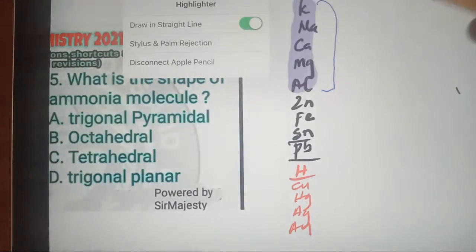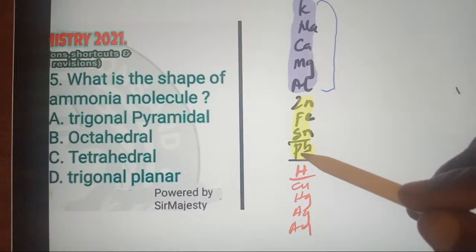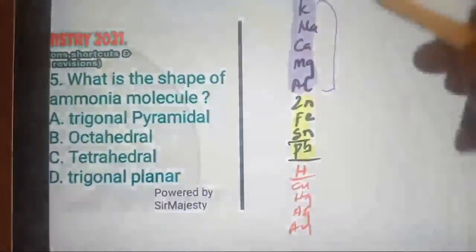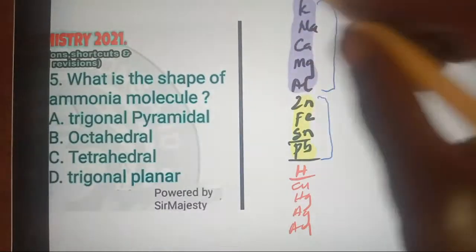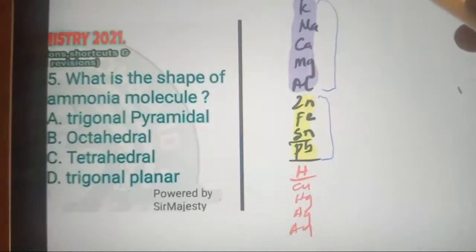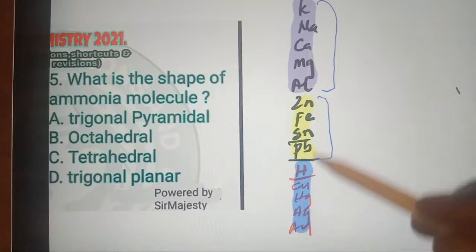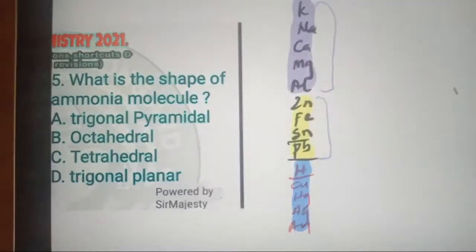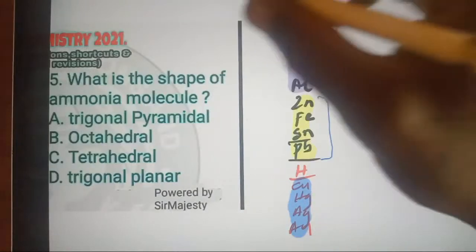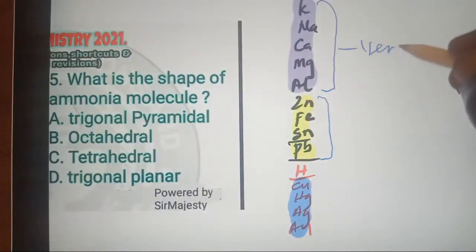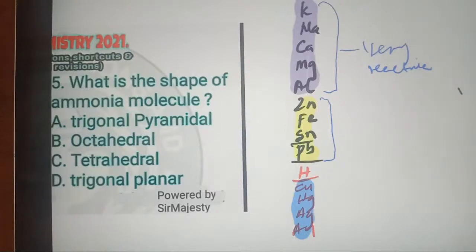Then these ones here, from zinc to lead, are extracted by thermal and chemical reduction. Hydrogen shouldn't be there, hydrogen is not a metal. So these ones below are the least reactive, while the ones above are very reactive. These metals below are only extracted by thermal reduction.